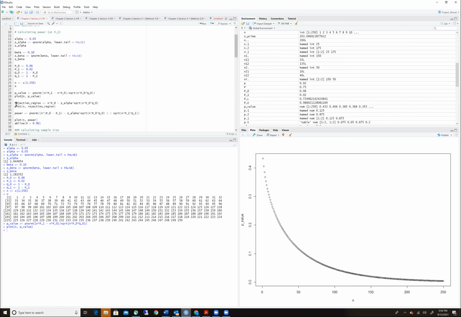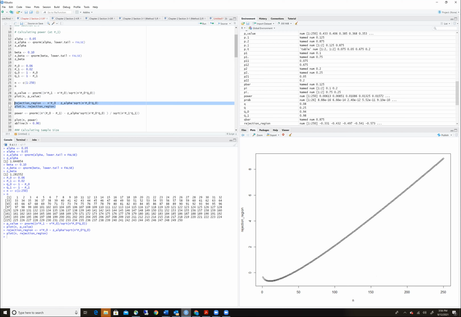There's a formula for the rejection region in the book. It's N times the hypothesized proportion minus Z alpha times the square root of NPQ, okay? So essentially, for a given sample size, right, when am I going to reject?